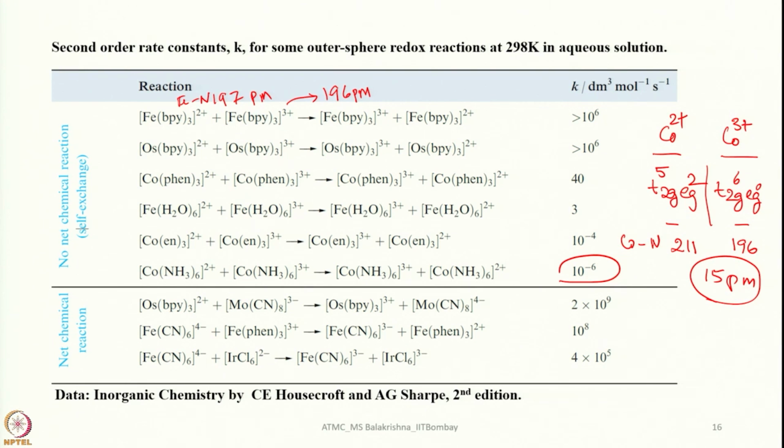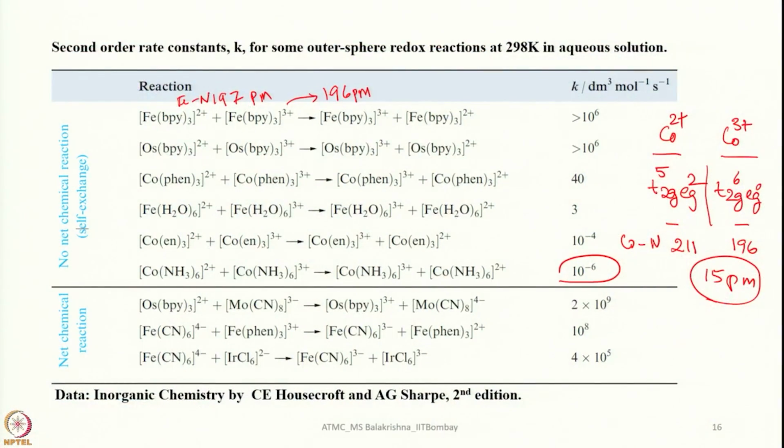Bond parameters are similar in the case of iron 2 and iron 3 species, whereas in the case of cobalt 2 and cobalt 3 species with amine ligands, bond parameters are distinctly different. This data shows that the self exchange between hexaamine cobalt 2 plus and cobalt 3 plus, or between tris ethylenediamine cobalt 2 plus and cobalt 3 plus, is relatively slow in both cases.